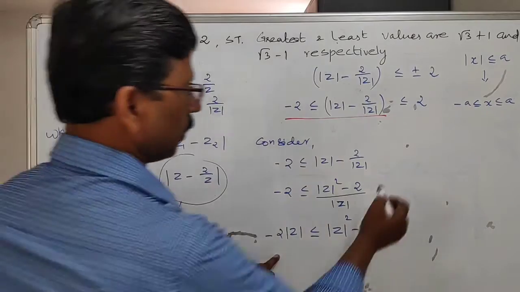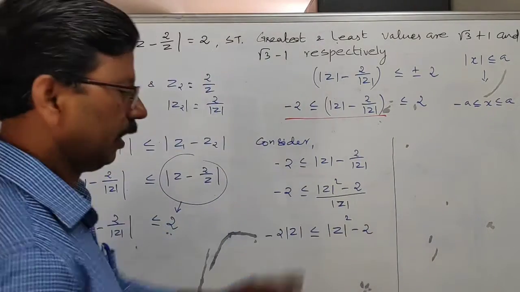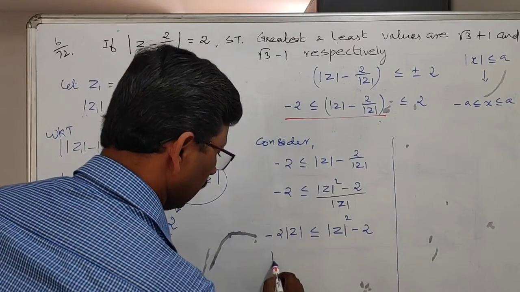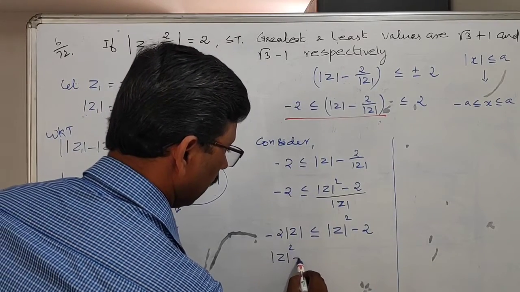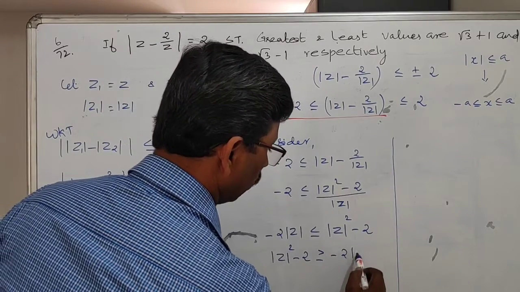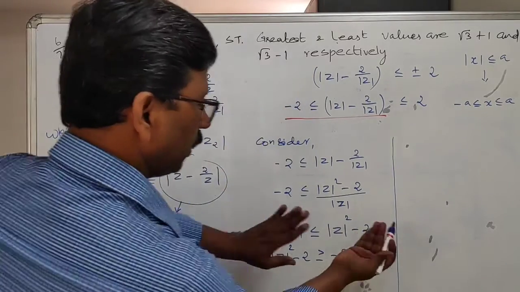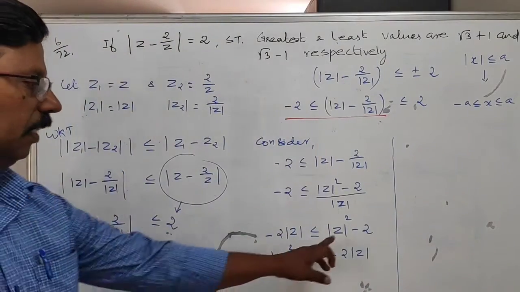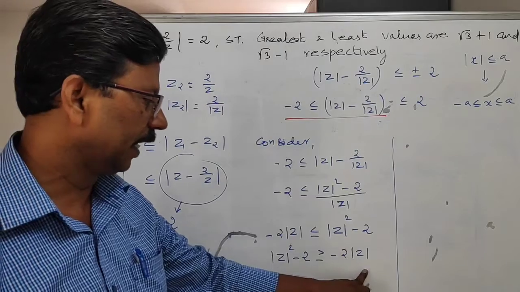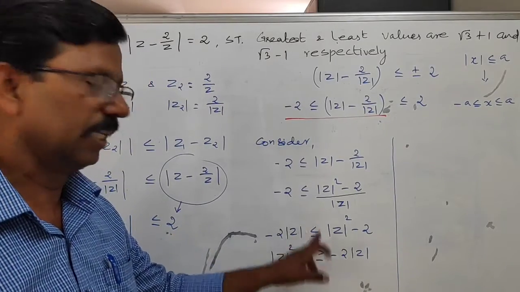Now after this, this can be written as modulus Z square minus 2 greater than or equal to minus 2 times modulus Z. We are just writing in reverse order: the right hand side is written as left hand side and the left hand side as right hand side, therefore you have to change this inequality.